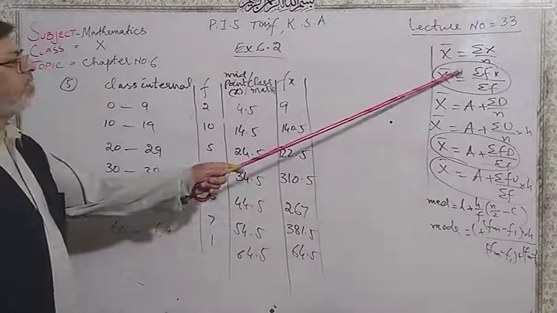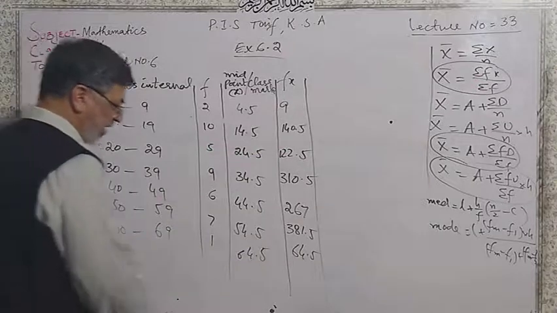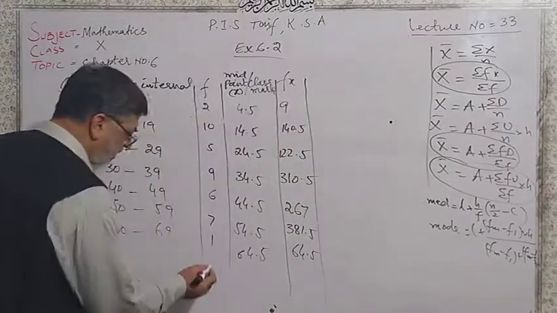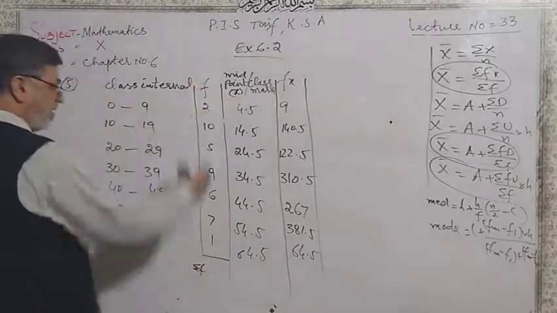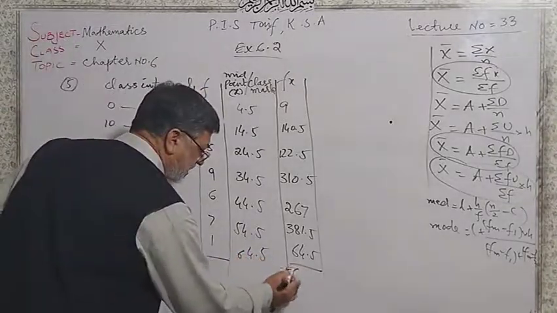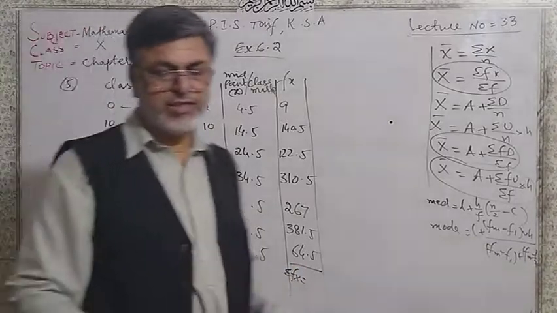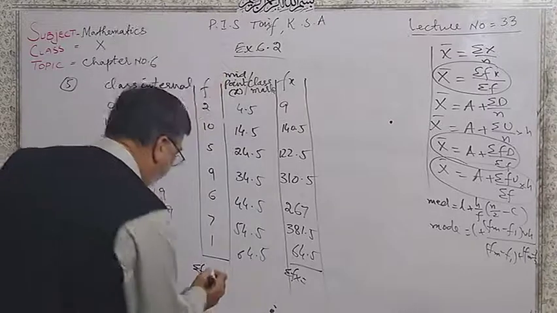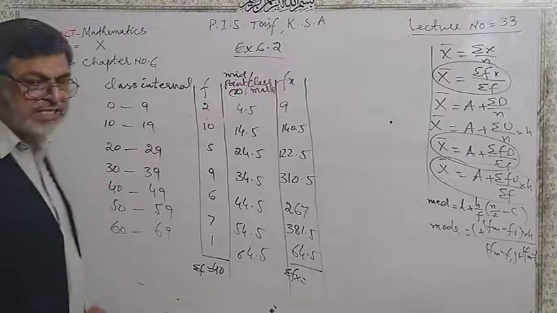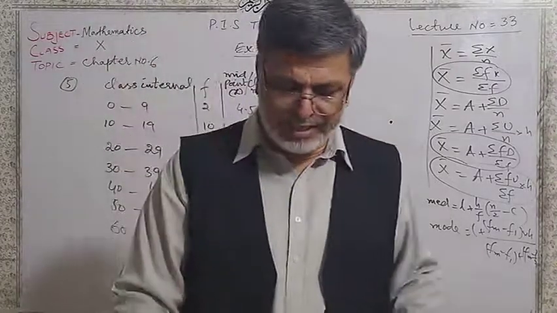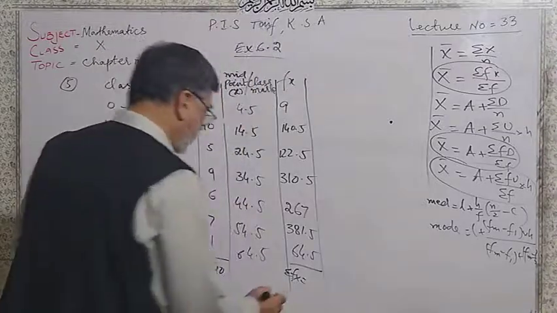Here you need sigma fx and sigma f. Sigma means addition, sum. So this column, this is sigma f. And under this column, this is sigma fx. So add all f values, we will get 40. Similarly, add all fx values, we will have 1300.